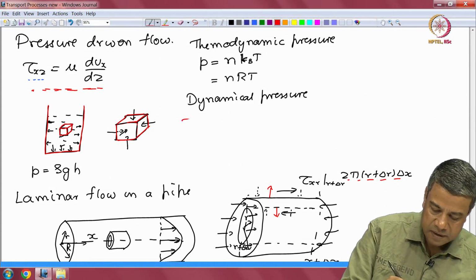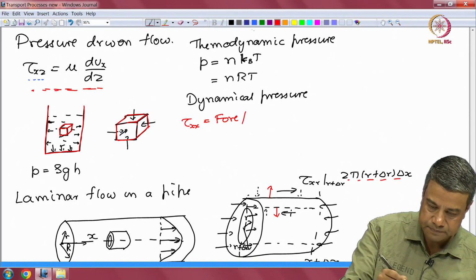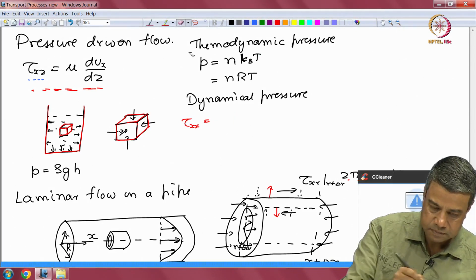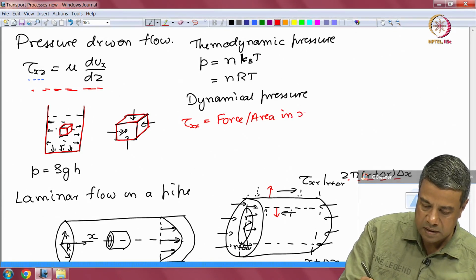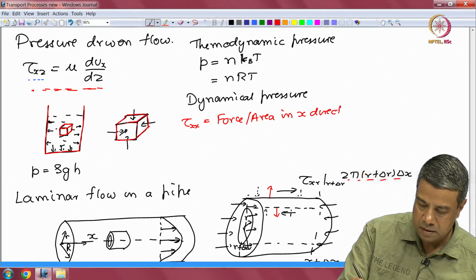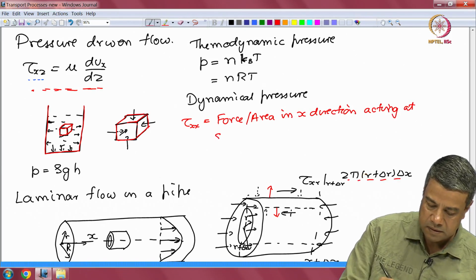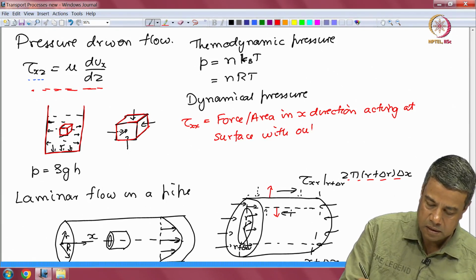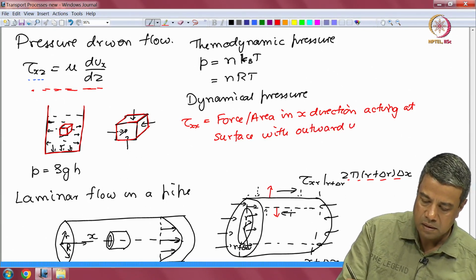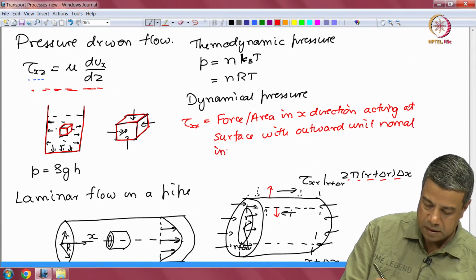Similarly, I can define, for example, tau xx is equal to force per area in x direction acting at a surface with outward unit normal in x direction.